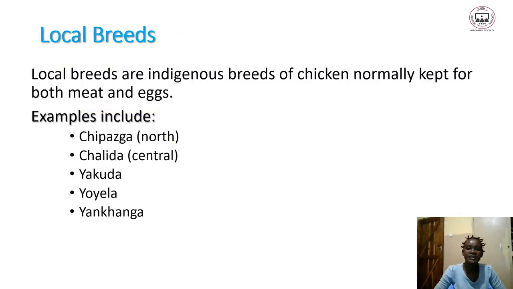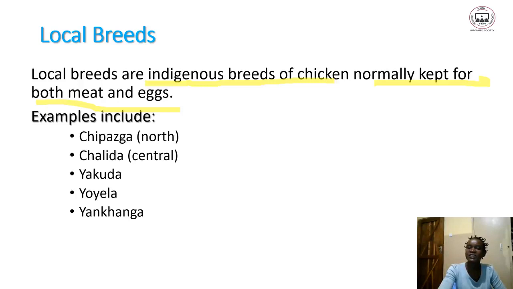Under local breeds, these are indigenous breeds of chicken, normally kept for both meat and eggs. So these local breeds, we're saying these are indigenous breeds of chicken, of which they are normally kept for both meat as well as eggs.